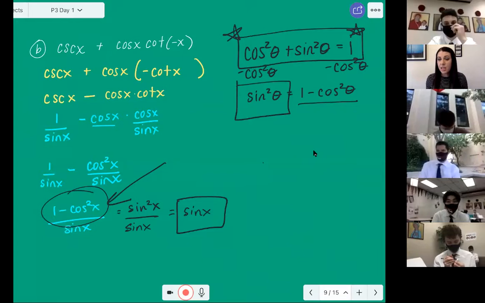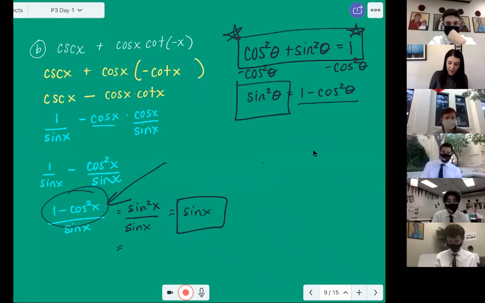And I ended up just having a sine squared left. And so since sine squared is the same as 1 minus cosine squared, I could replace it. And then sine squared x over sine x is like sine times sine over sine. And then that simplified down to a single sine. Does that make sense? Yeah. Awesome. Okay, excellent. Let's go on.